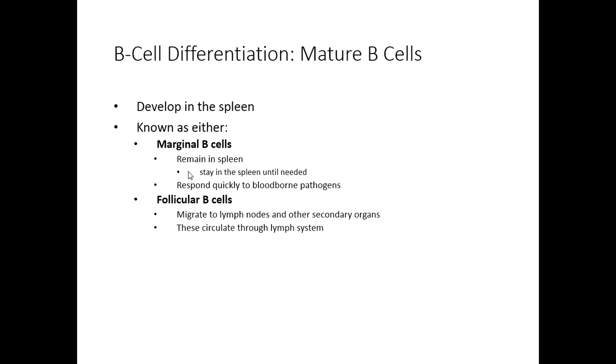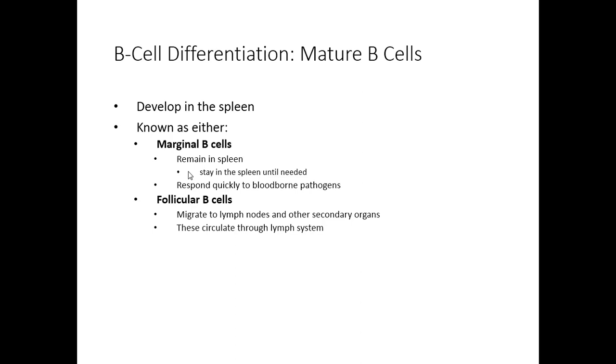So that's the marginal B cells. They stay in the spleen until needed, and then are allowed to quickly respond by producing IgM antibodies initially, and later on some more specific antibodies over time. So these are quick responders, relatively quick. It's not that fast, but relatively quick.